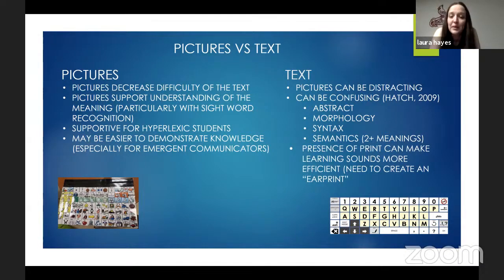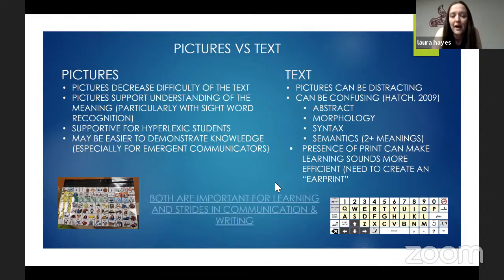But the biggest thing that I go to is that you have to have the presence of print to have an ear for print and learn efficiency for those sounds and how they blend together. That is the only way that you can begin to encode your own language or your own words for writing. So my rule of thumb when I look at pictures versus text is, am I trying to demonstrate knowledge quickly?